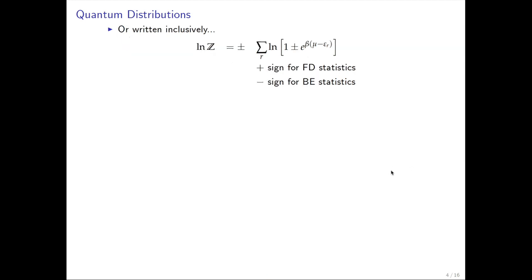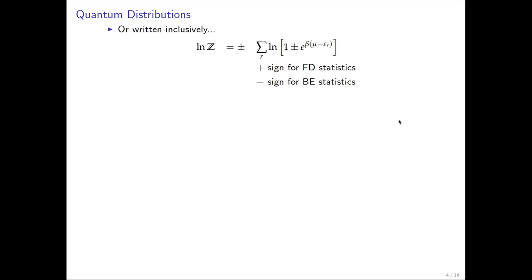So if we want, it's very easy, we could write this in an inclusive way: the log of the grand sum is plus or minus the sum over r of log of 1 plus or minus e to the minus beta times (epsilon sub r minus mu). We're still summing over r. And of course the plus sign is for Fermi-Dirac statistics for fermions, the minus sign for bosons.